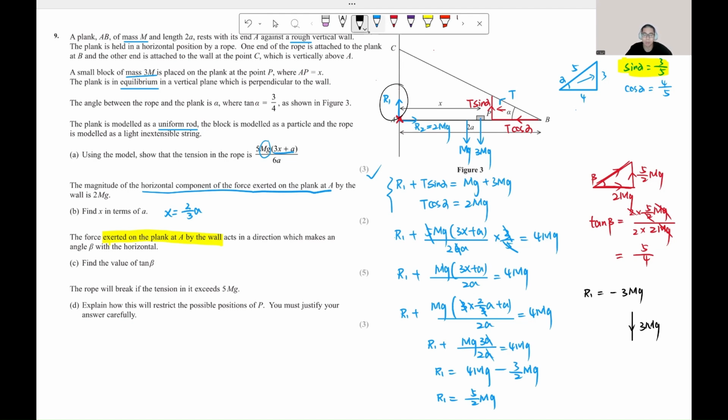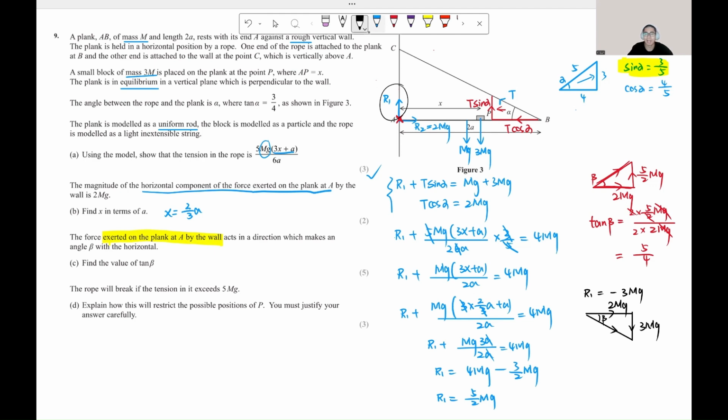So you assume it to be positive. If you have a positive value, it has to be the same direction as you labeled, goes up. And if you have a negative value, then that would be the opposite direction to what you assumed before. So it should go down. And then 2 mg will be here. So that will be the resultant force, and that will be the angle we're looking for.